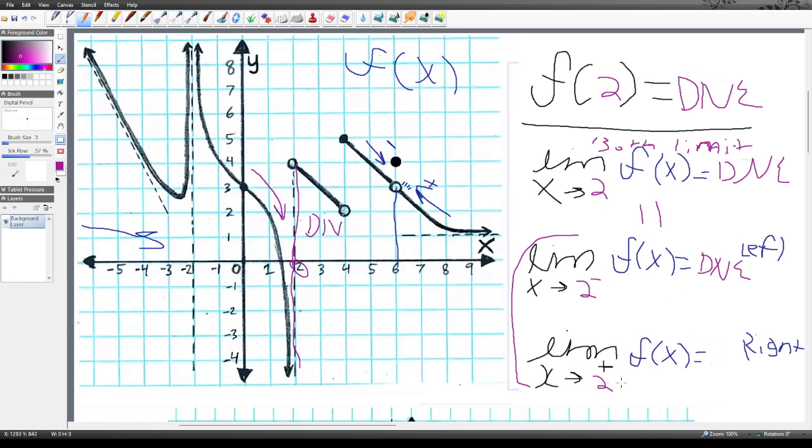But here, from the positive side, it's going like this. Orange colors, so it's not all mundane. So as x is approaching 2 from the positive side or the right side, it's approaching 4. Later on in this unit, you're going to see how we're approaching it.